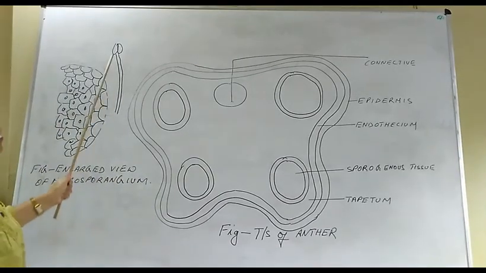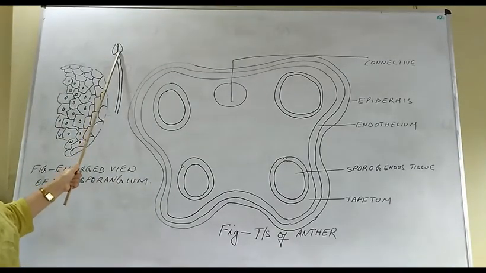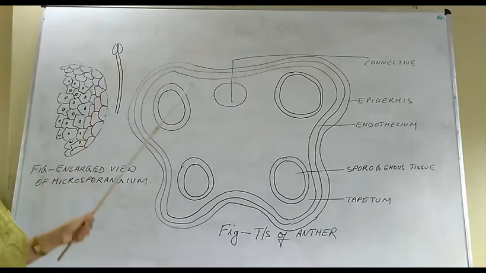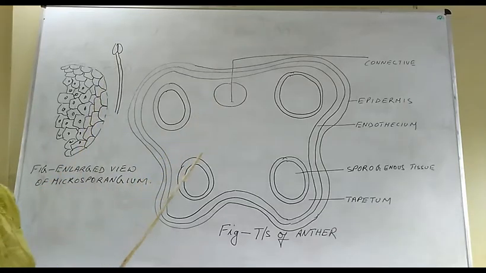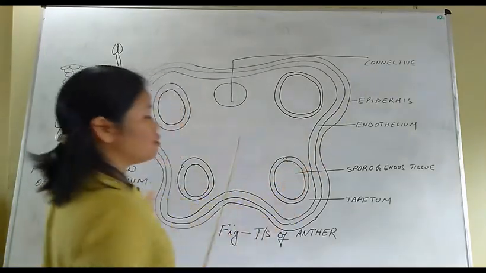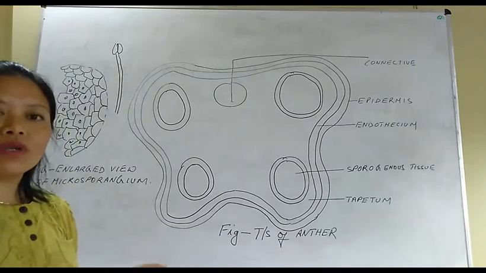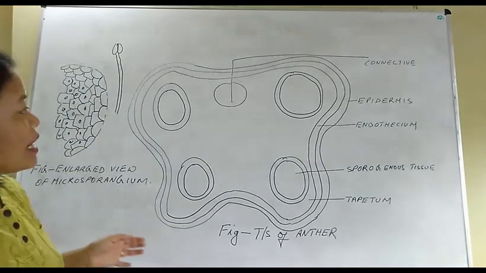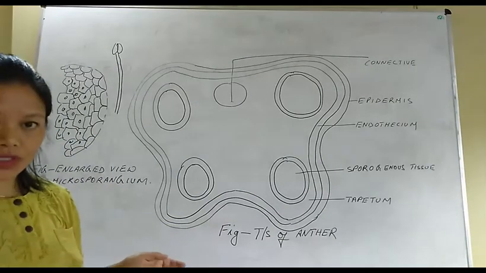The lobes of the anther are connected, joined by a tissue called connective tissue, and it has vascular tissues that help in carrying the nutrients.